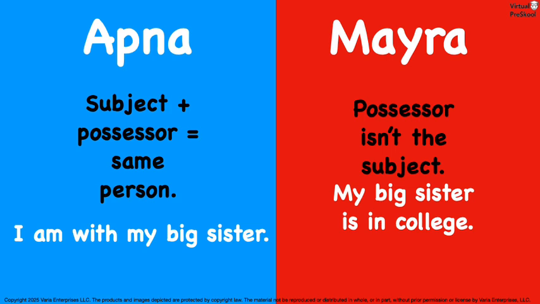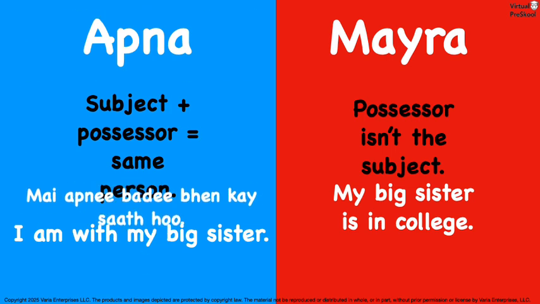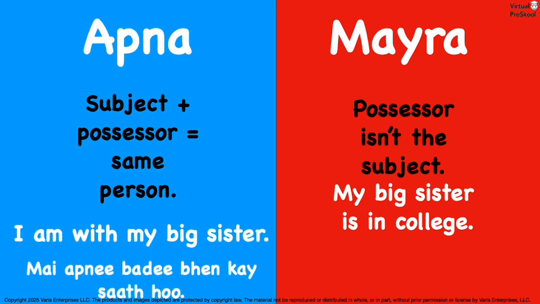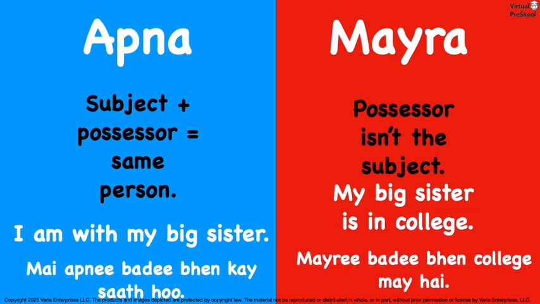Sister. Whose sister? My sister. So the way to say the first one in Hindi is मैं अपनी बड़ी बहन के साथ हूँ. I am with my big sister. मैं अपनी बड़ी बहन के साथ हूँ. My big sister is in college is मेरी बड़ी बहन कॉलेज में है. मेरी बड़ी बहन कॉलेज में है.